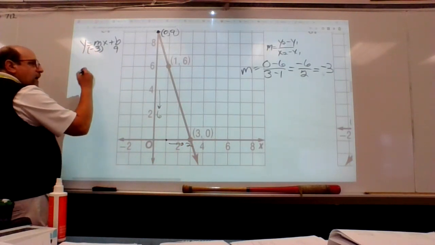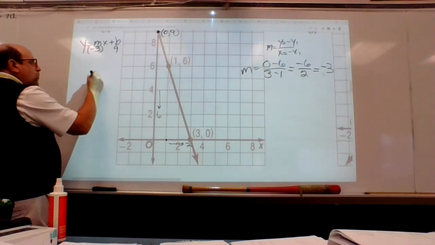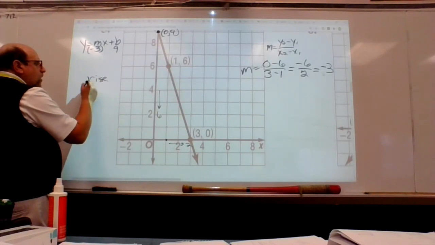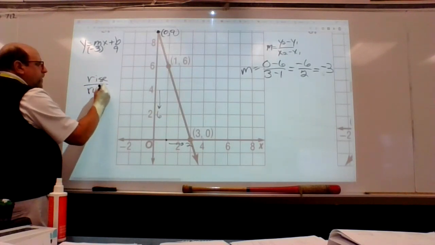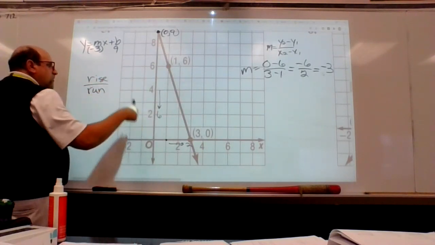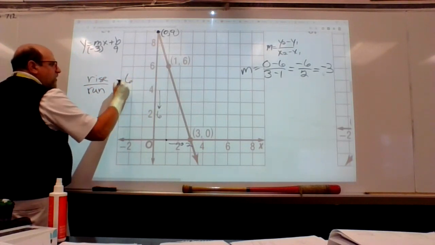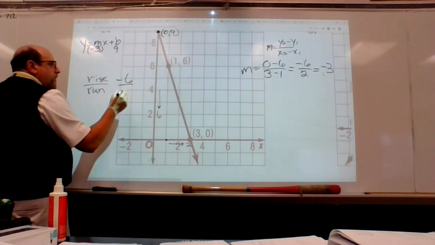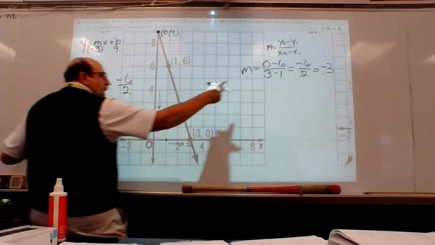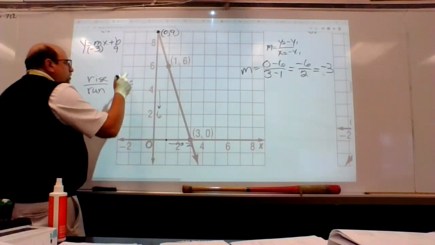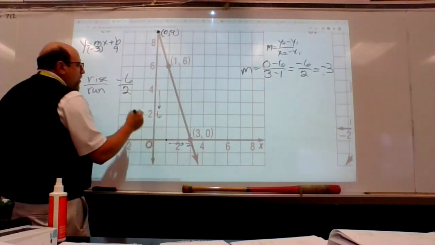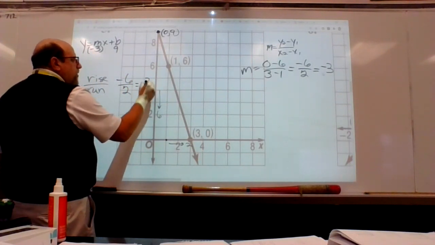And when we talk about slope, we talk about the rise over the run. Well, this happens to be rise that's going down, so it's -6. Oh, look at that. Over 2. Hey, look, it looks just like that. So if we counted down 6 and over 2, we would have a -3 for a slope.